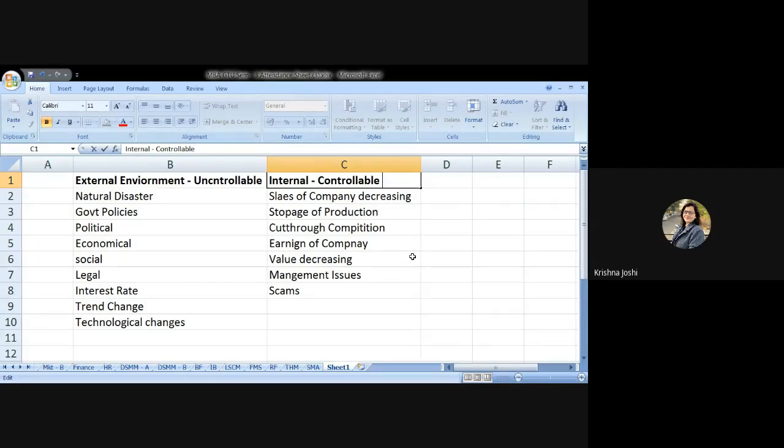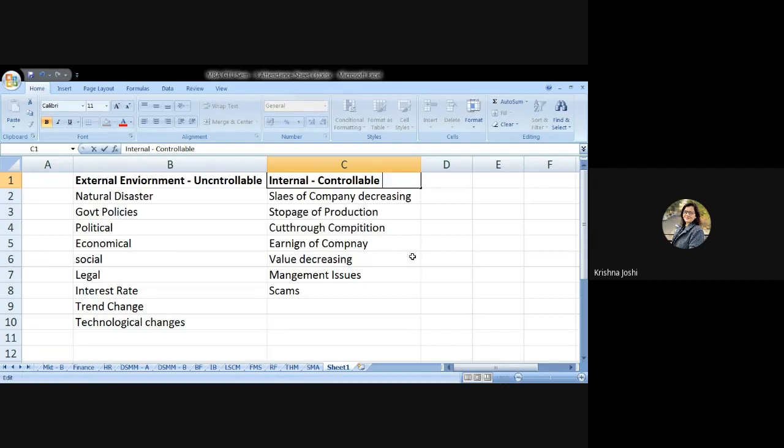Now, if some uncontrollable factors affect my share prices, and some controllable factors affect my share prices, and I'm an investor, I think that if a natural disaster happens, my prices may decrease. If trend changes happen, if technological changes happen, if sales stop, my prices may decrease.